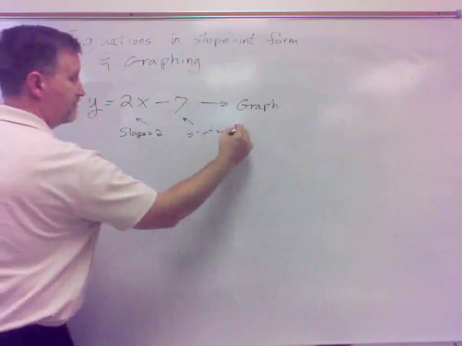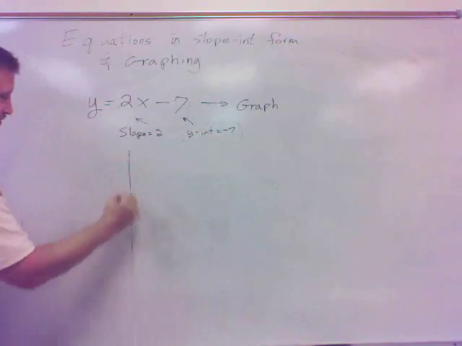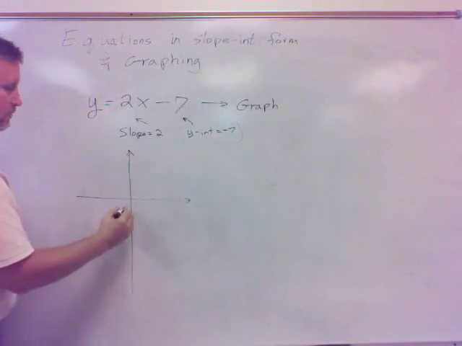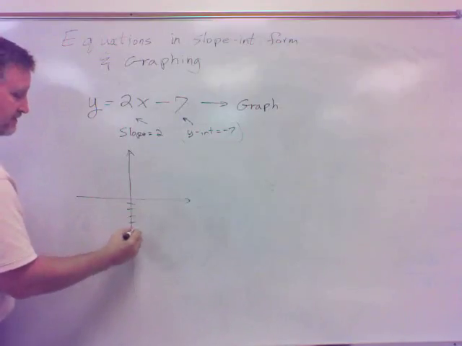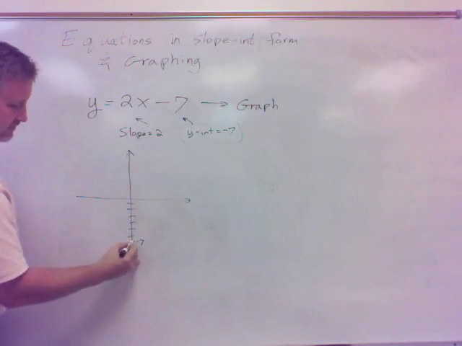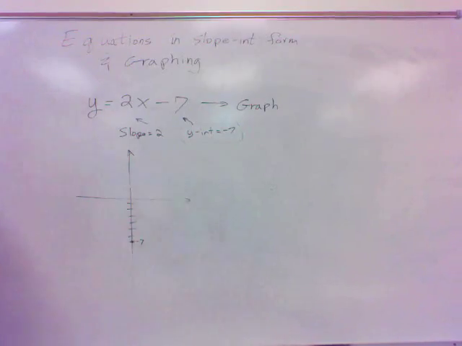The y-intercept being -7 tells me it's going to cross my y-axis at -7. There's -7 right there, so we have a point right there.